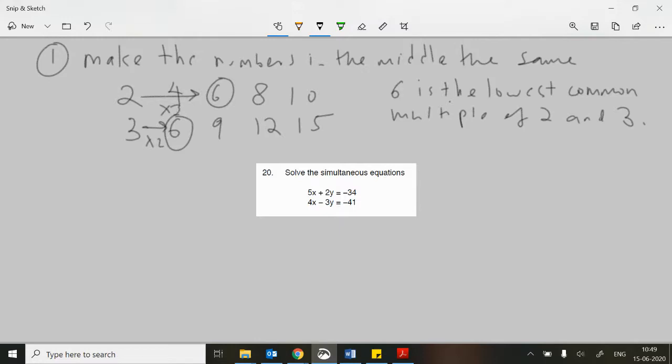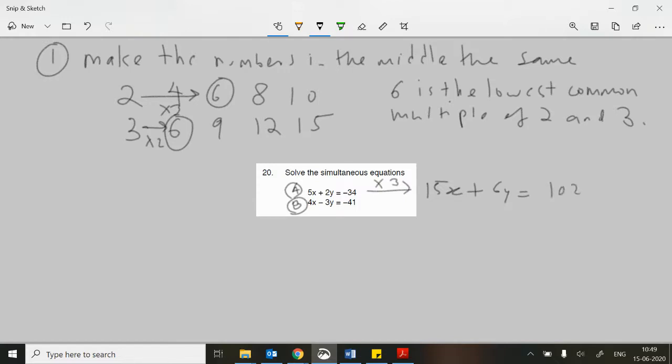So we're going to do the same with these two rows here. We're going to label these things 1 and 2. Actually, I've called it 1 at the top in my instructions. I'm going to call this A, and B. Okay, so there's B. And so what I'll do with the first one is times this by 3. So I'm going to get 15x and 6y equals, and 3 times 34 gives us 102.